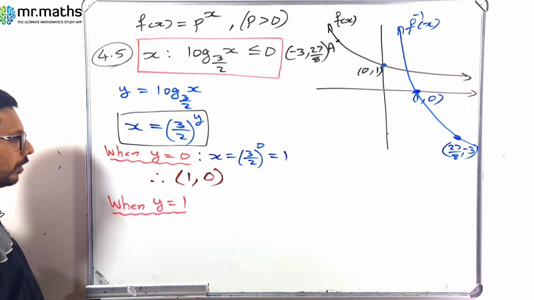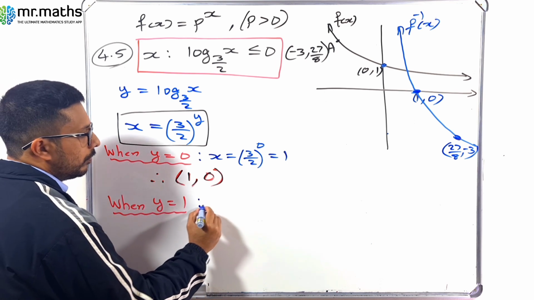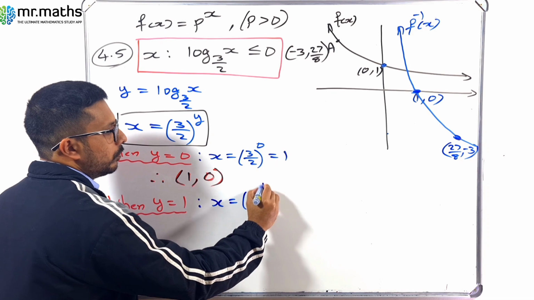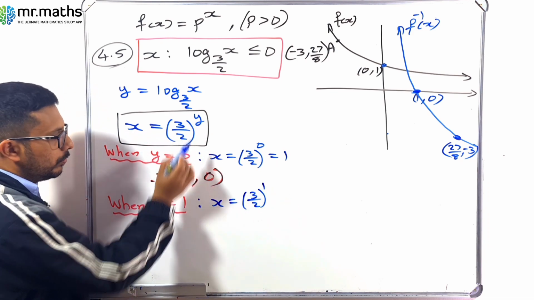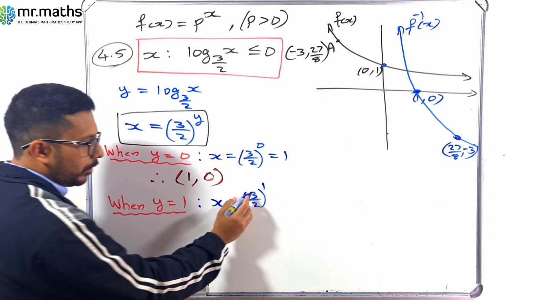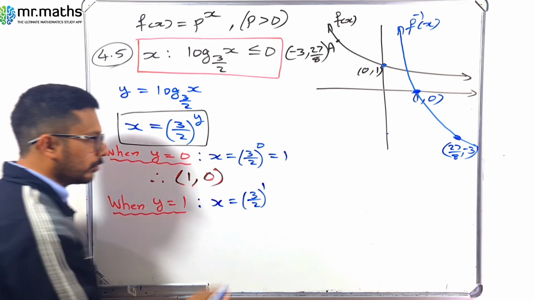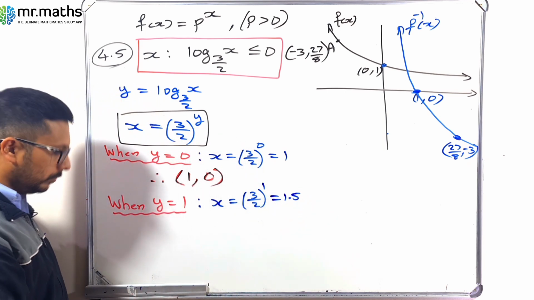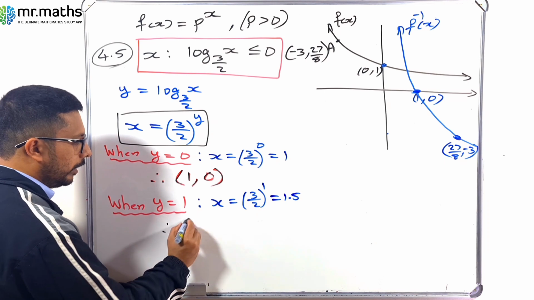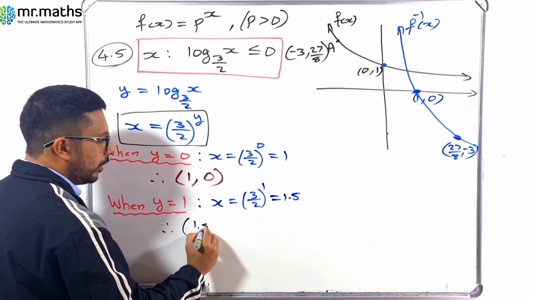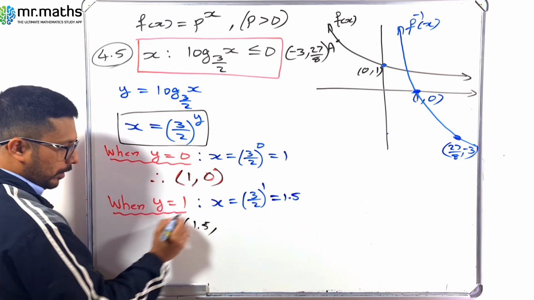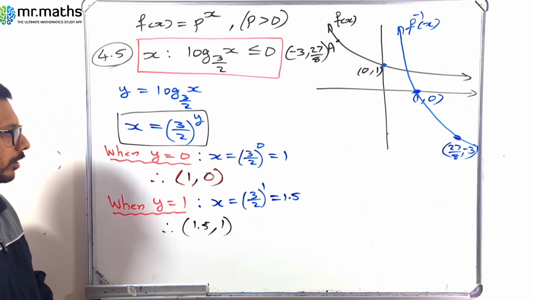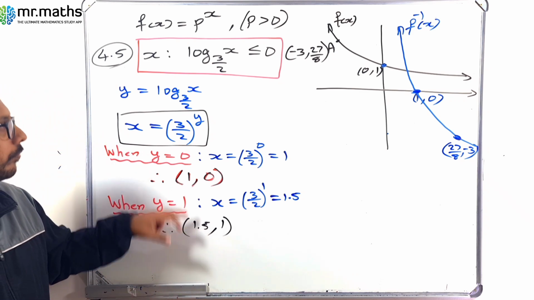Now when y is equal to 1, what is the x value? 3 over 2 raised to 1. 3 over 2 raised to 1 is 3 over 2, which means 1.5. Am I right? So now what is the coordinate? X value is 1.5 and the y value is 1. So we got two coordinates for this graph.